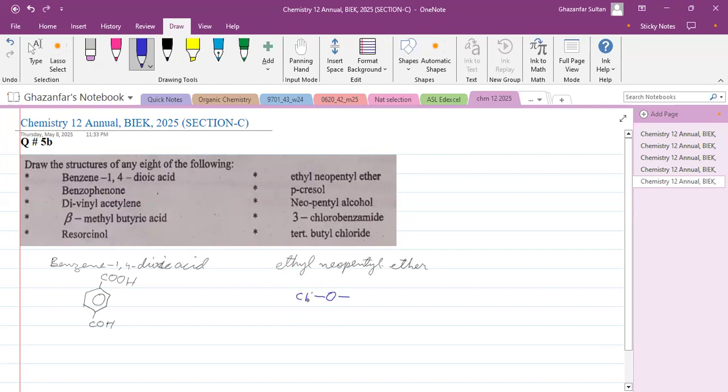So you can draw CH2, CH3 on one end. This is the ethyl. And on the other hand, you draw the neopentane, means neopentyl group. Remove one of the hydrogen from any 1 degree carbon atom. So this is the neopentyl group. So it becomes the compound ethyl neopentyl ether.